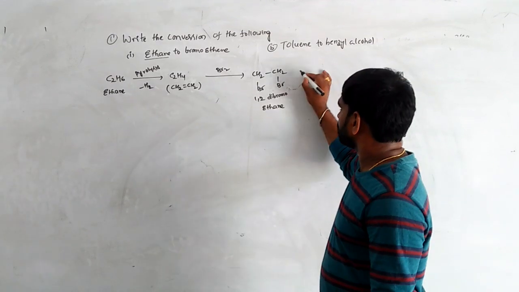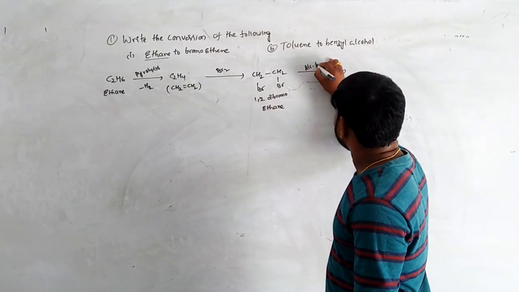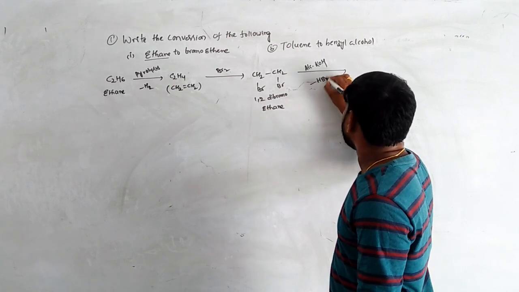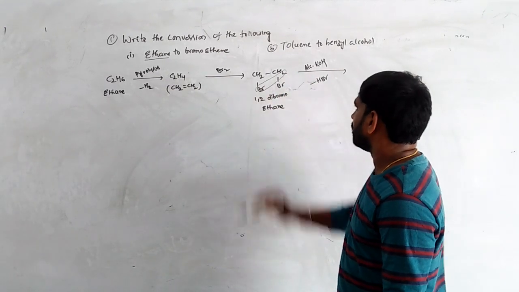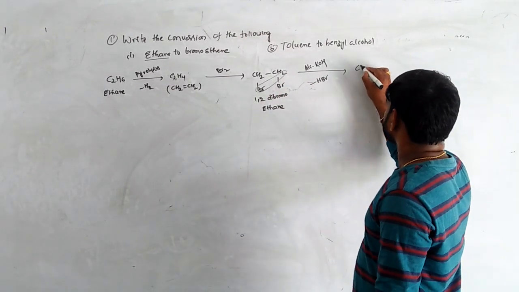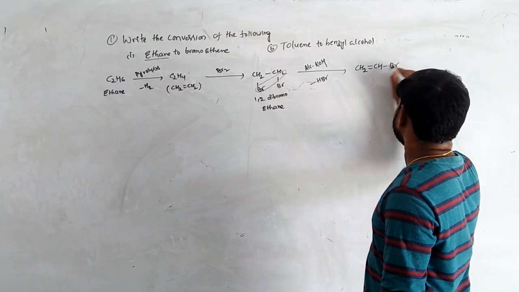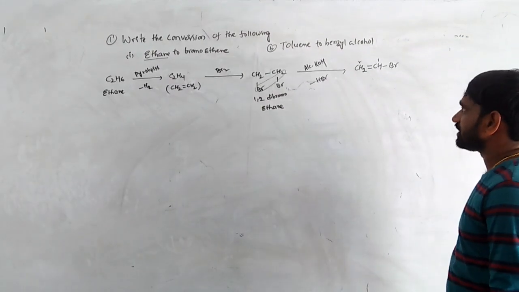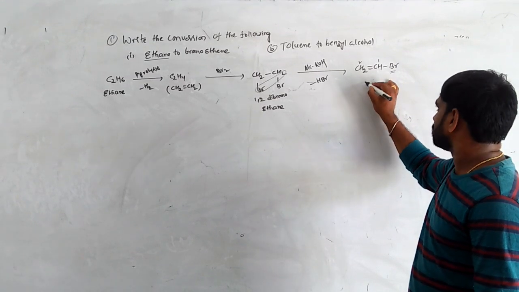It is treated with alcoholic KOH. Alcoholic KOH means removal of HBr, hydrogen halide. Here removal of hydrogen and here removal of bromine forms CH2=CHBr. This is bromoethene. Double bond means ene.